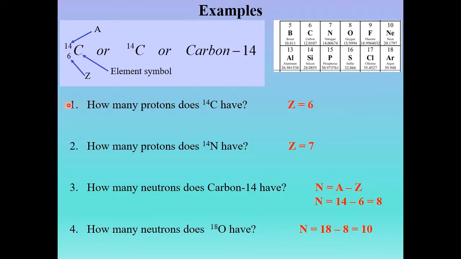Question number 1, how many protons does carbon-14 have? Well, what we have to do here is look up carbon on the periodic table, and we see that carbon is element number 6, as we've said, and so we have Z equal to 6 protons for carbon-14.